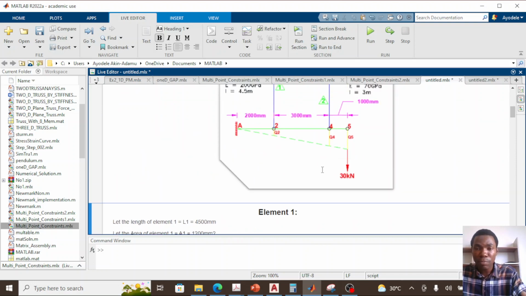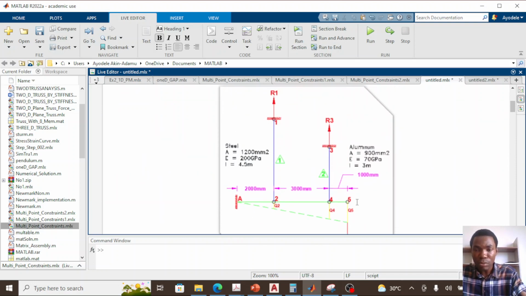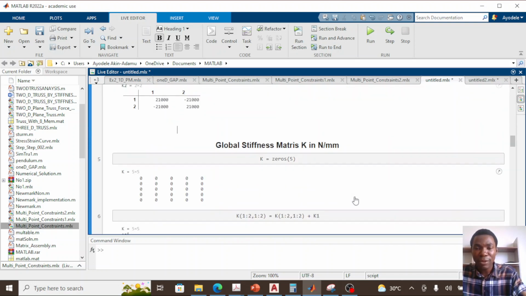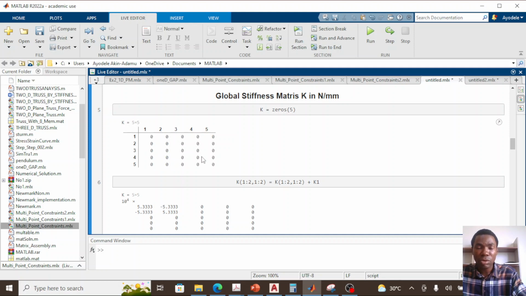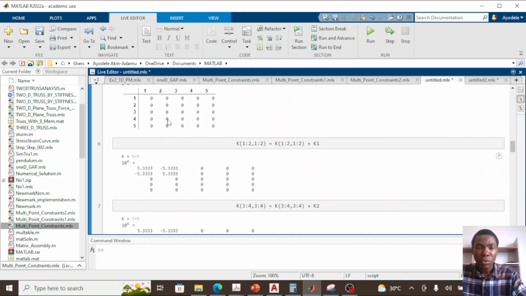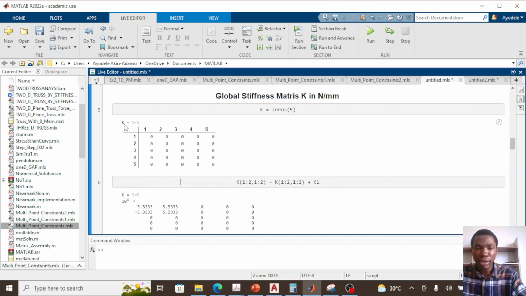Because our problem has 5 nodes, our base matrix will be a 5 by 5 matrix. That's why I'm using the MATLAB inbuilt zeros function to create a 5 by 5 zero matrix, so I enter 5 as the input variable. This 5 by 5 zero matrix is stored in a variable called K, which represents my global stiffness matrix.